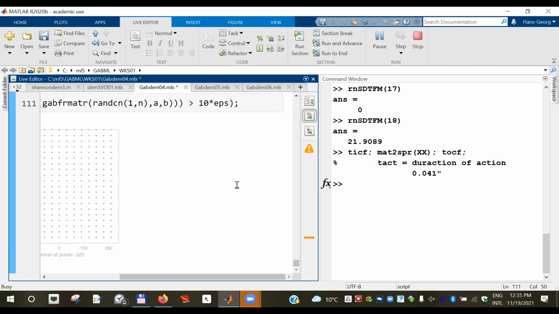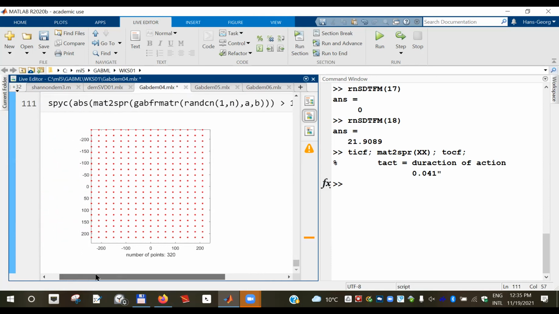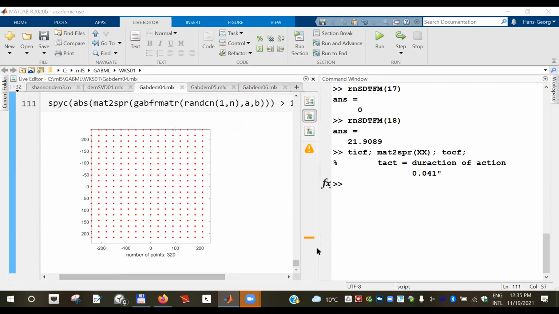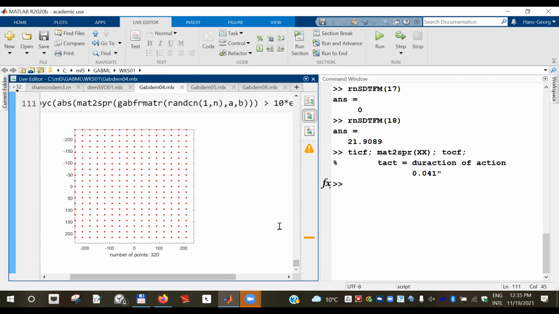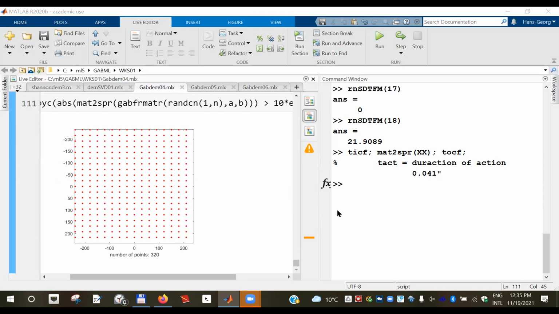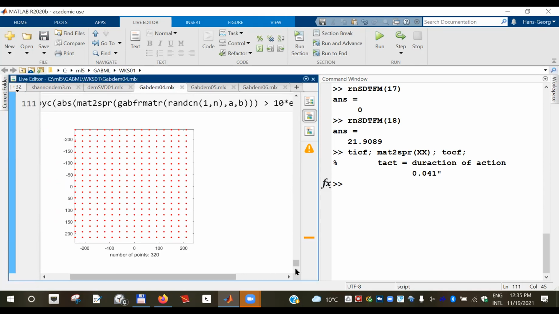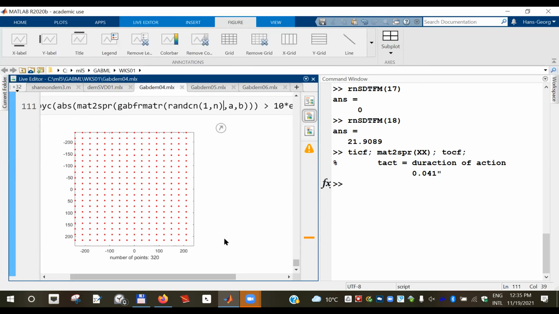So there must be some lattice, and the question is, of course, where it is. Yeah, I have problems with my window, so now it's better, hopefully. Okay, yeah, I see.